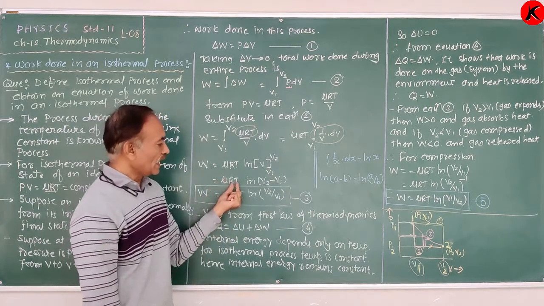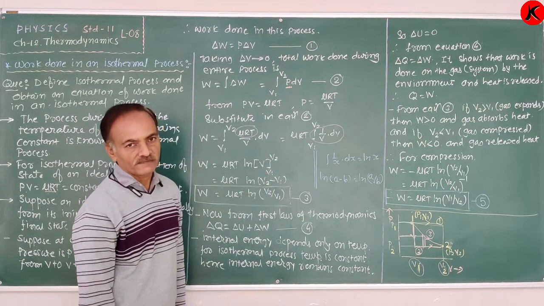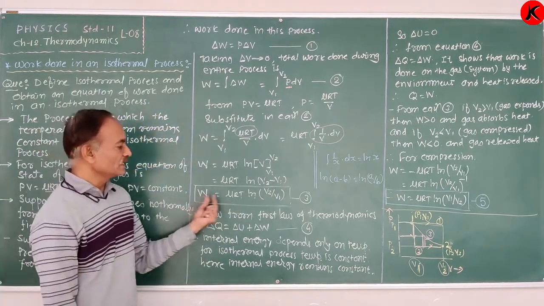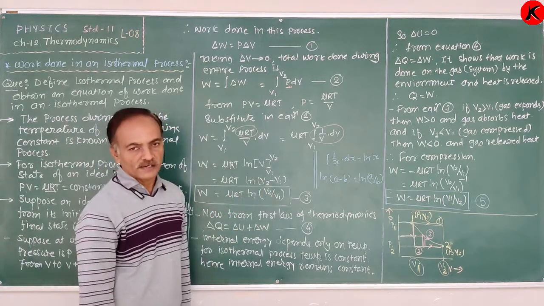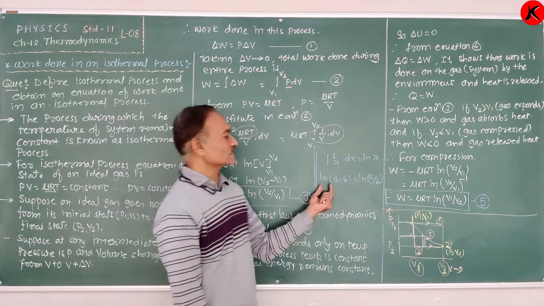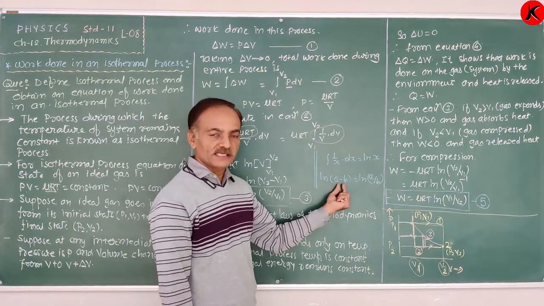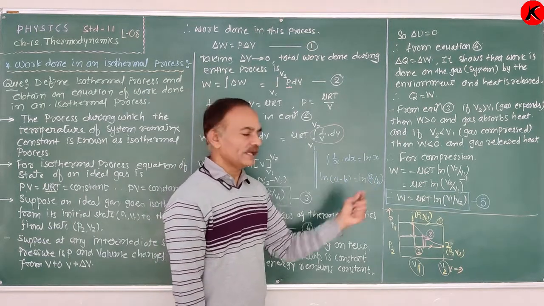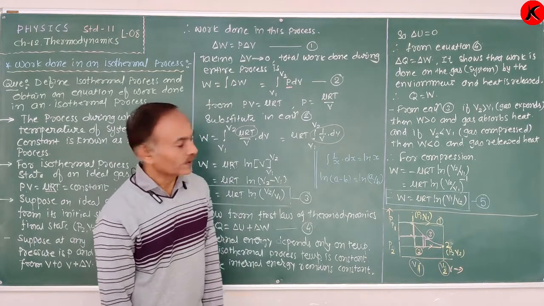Therefore, mu RT ln V2 minus ln V1. We also have a standard equation in logarithms: ln a minus ln b is equal to ln a upon b. Clear? Okay.